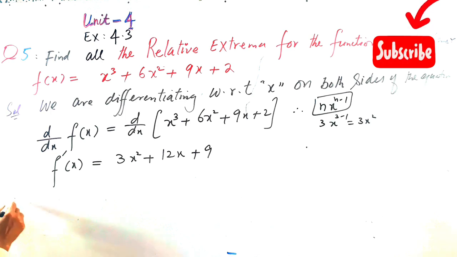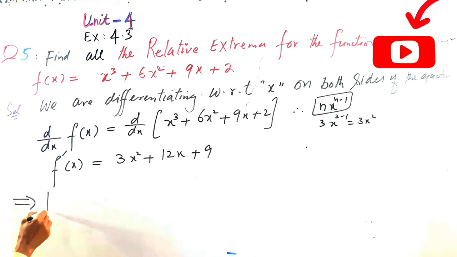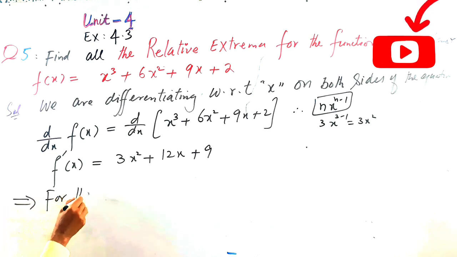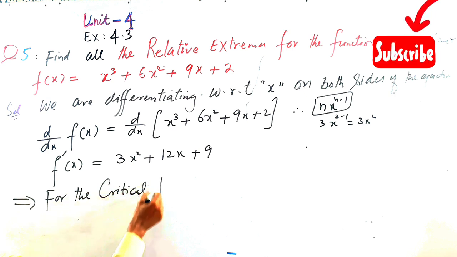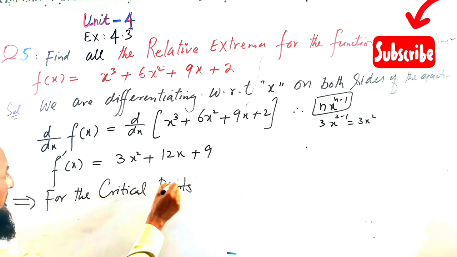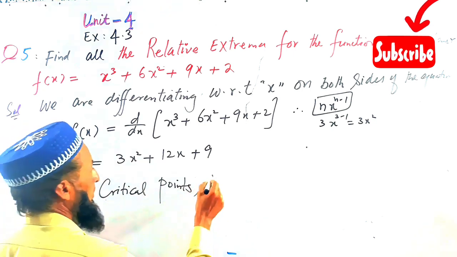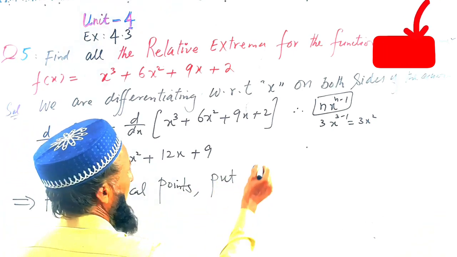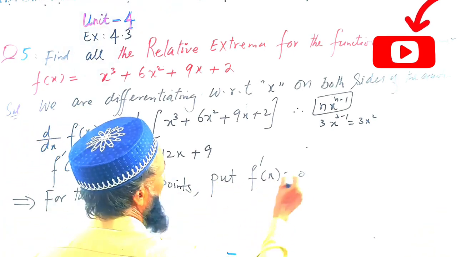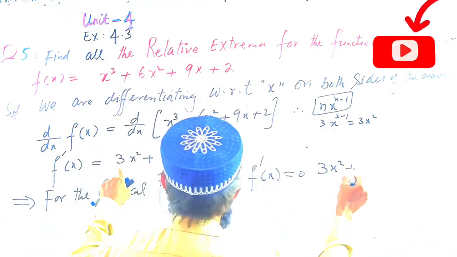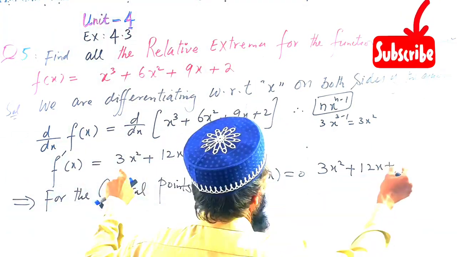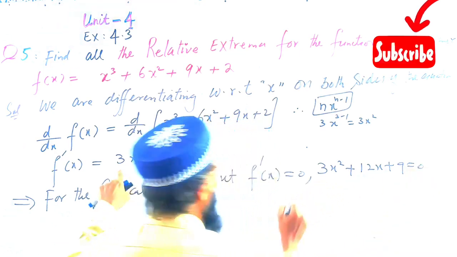Now for the critical points, we put f dash x equal to 0. So 3x square plus 12x plus 9 is equal to 0.